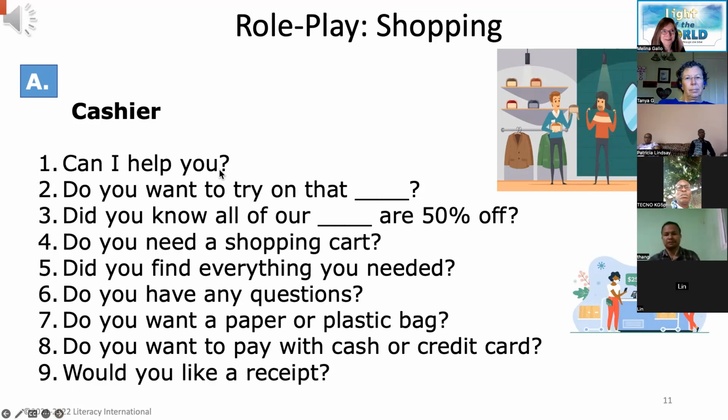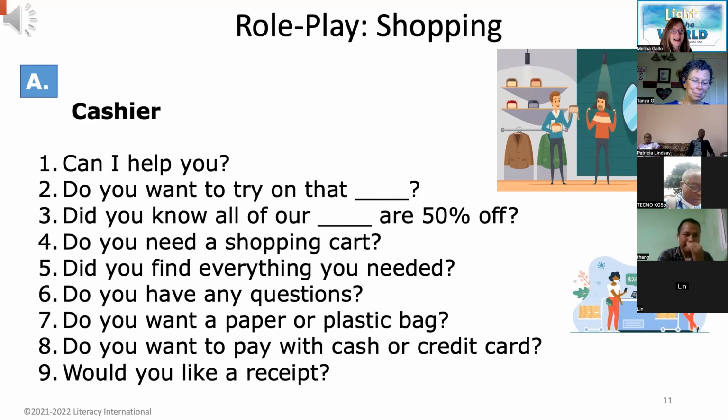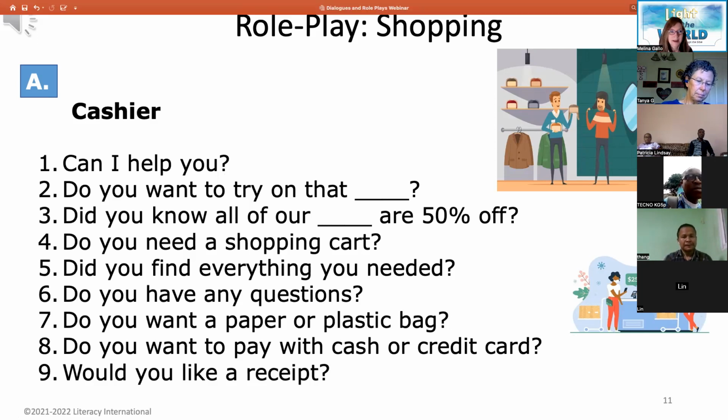And then the person who's playing the customer has to come up with something like, "Yes, I want to buy a black dress." Or "Yes, I need to buy bread," or whatever it is. They have to decide what that is. And then based on those things, they're going to try having this conversation back and forth.